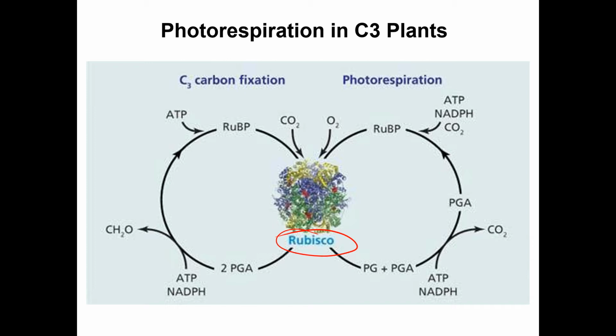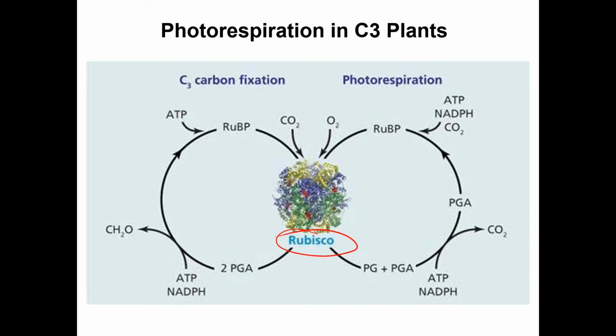Now, everything's okay when CO2 is widely available. But when the plant doesn't take up CO2 and oxygen is the predominant gas, the oxygen combines with the RuBP to form PGA, and this PGA is going to be reconverted back into RuBP.